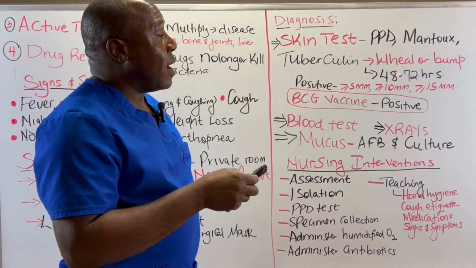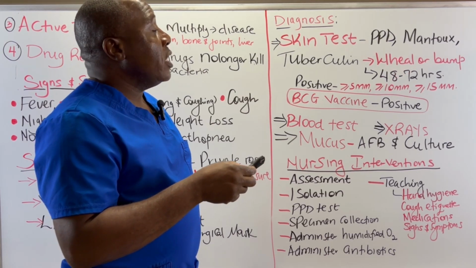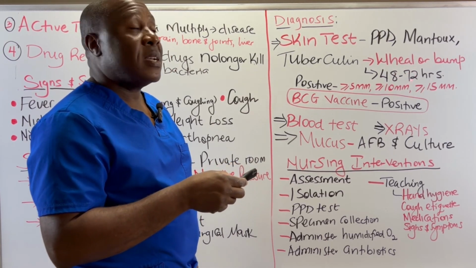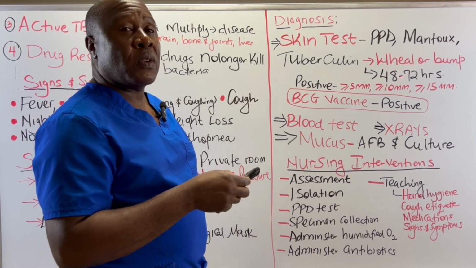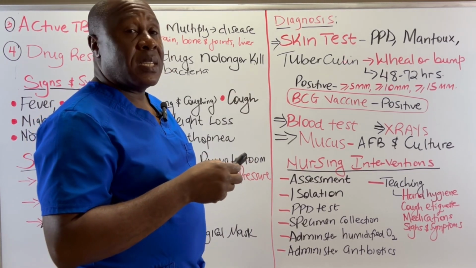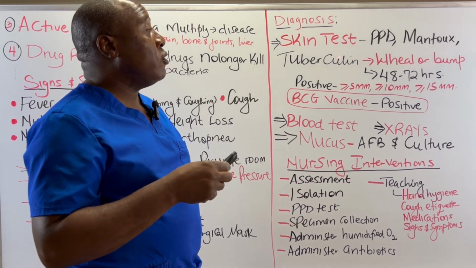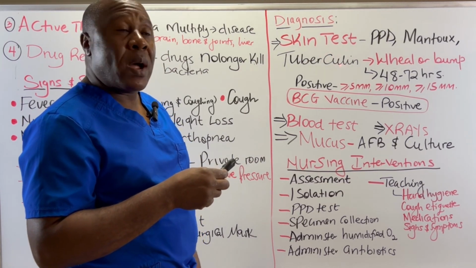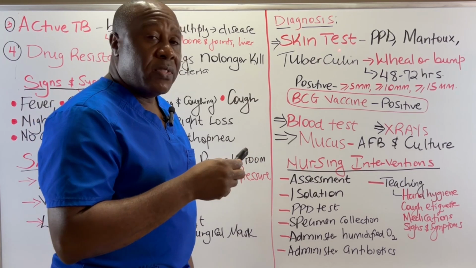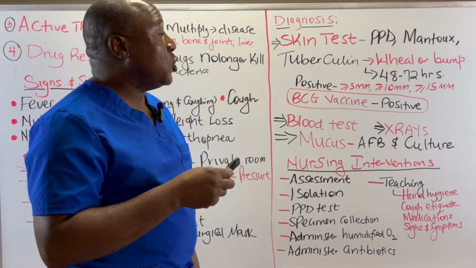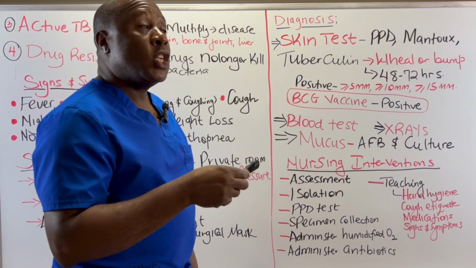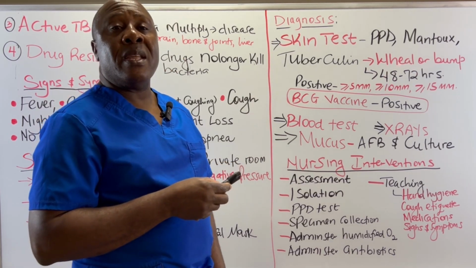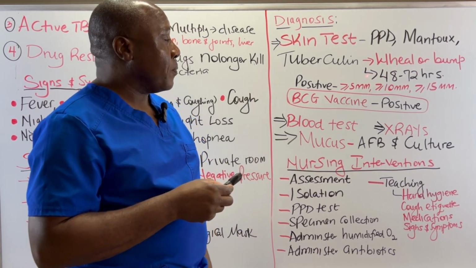And when they come back, a healthcare professional is going to read and interpret the reaction at the site of tuberculin injection. So these patients with their skin test normally have 2 visits to the healthcare provider. One, when they come to have the tuberculin injection, and 2, when they come back after 48 to 72 hours to have that particular area read and interpreted.